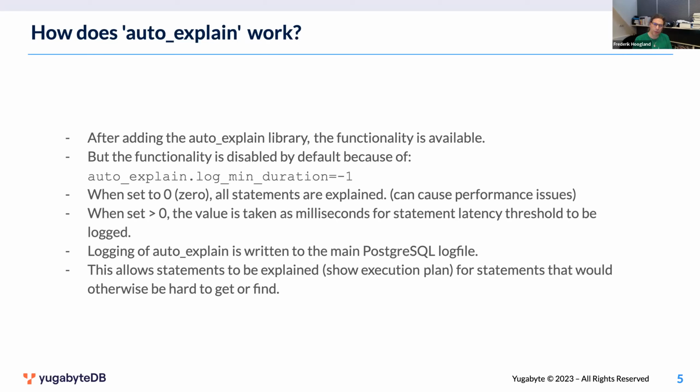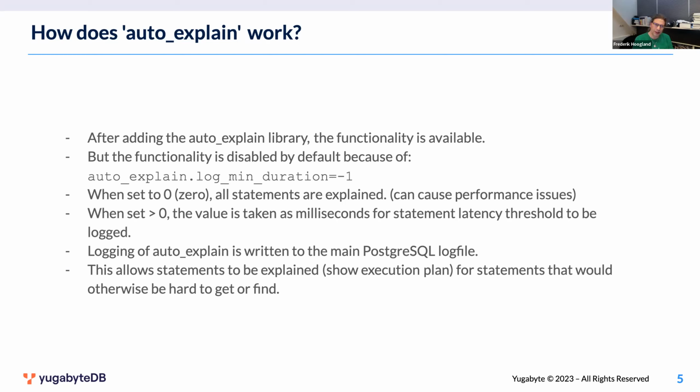If you set it to a value higher than 0, then that value is taken as the number of milliseconds of statement latency as a threshold before it actually gets logged with the explanation of the execution plan. And that is quite useful. Then you get only the execution plans of the slower statements.